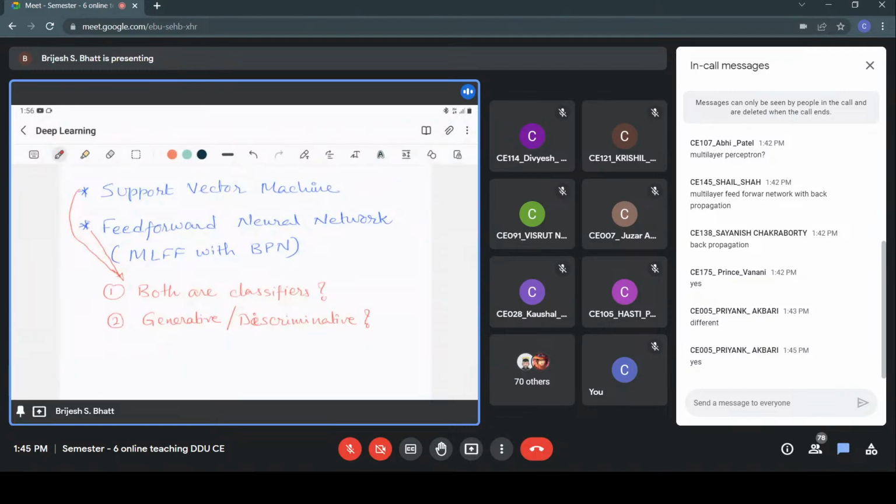Are they generative models or discriminative models? They are discriminative, right?